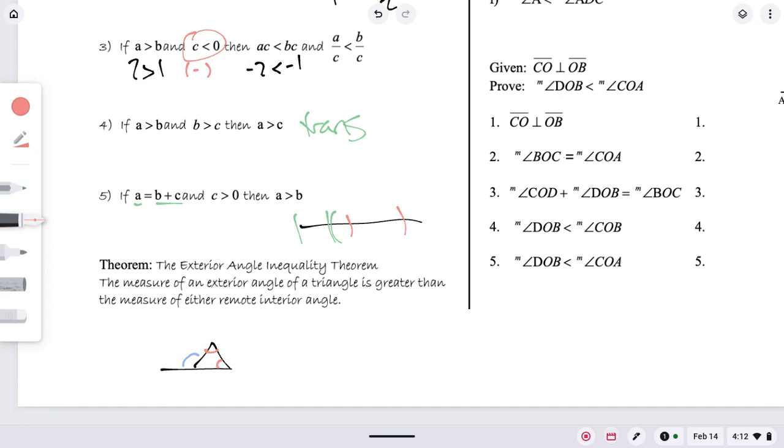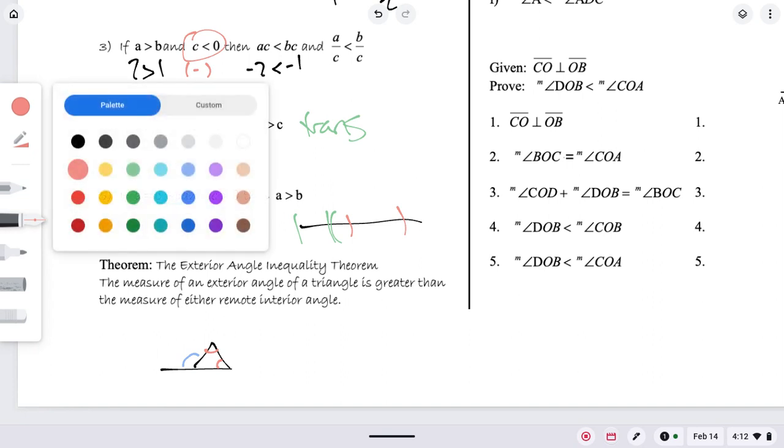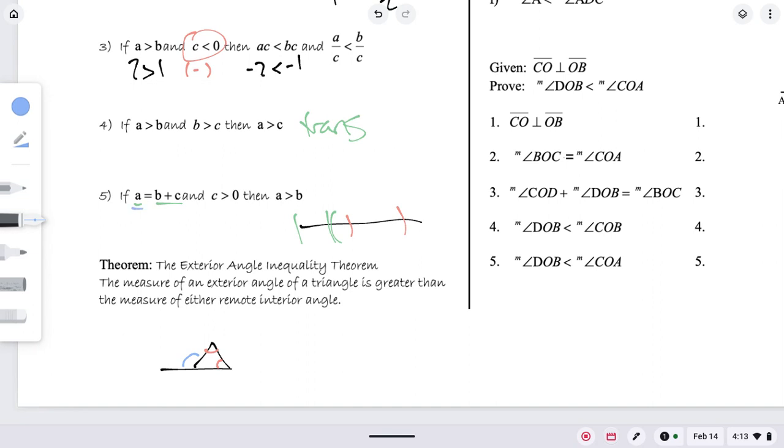Because of that last property of inequalities, A, being the exterior angle, is equal to B plus C, the two remote interior angles. So A has to be bigger than B and C. That blue angle is definitely bigger than either of the red angles. That's what this theorem is for.